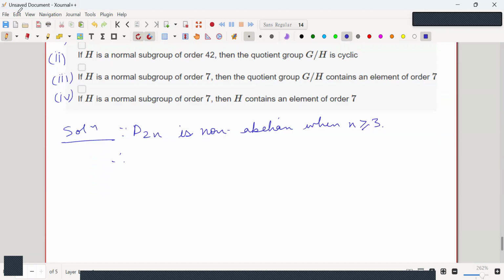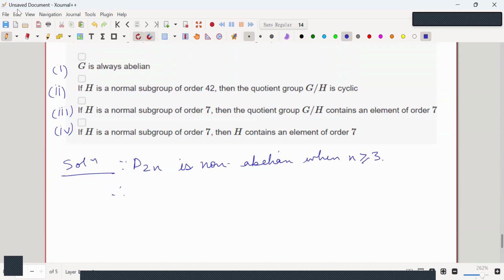I think D2n is always defined when n is greater than or equal to 3, because we define it as the symmetries of a regular n-gon. But anyway, let's just write it. Therefore, D2 times 273, right?